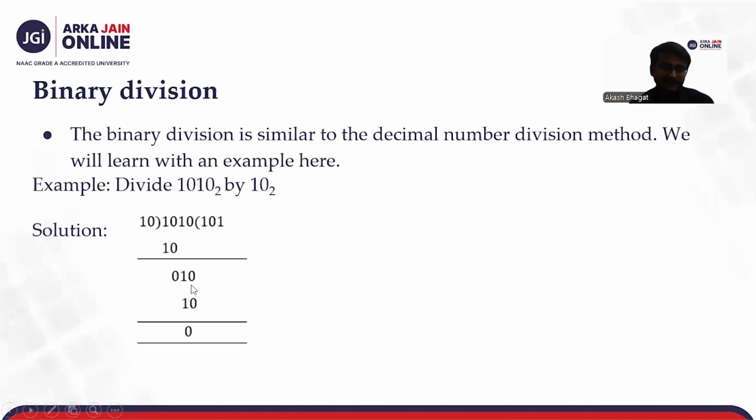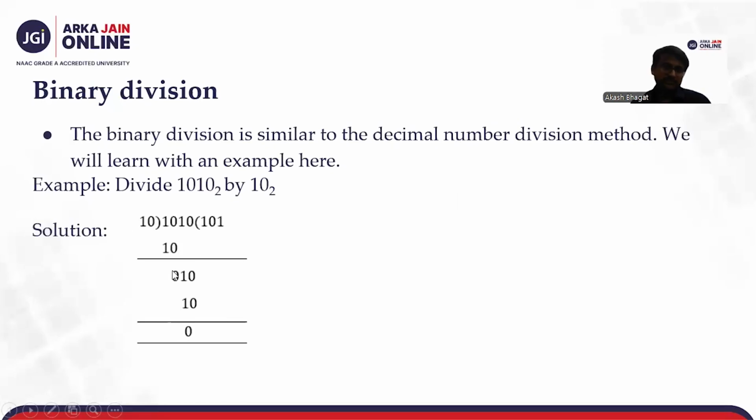Then 1 is carried down, and 0 1 is not getting divided by 1 0, so you have to carry one more. Once you have taken this 0 down, you have to put a 0 in this place, and afterwards the remainder is 0.